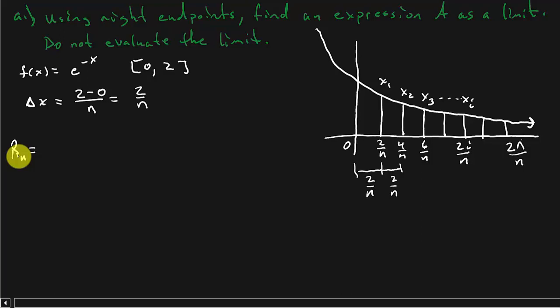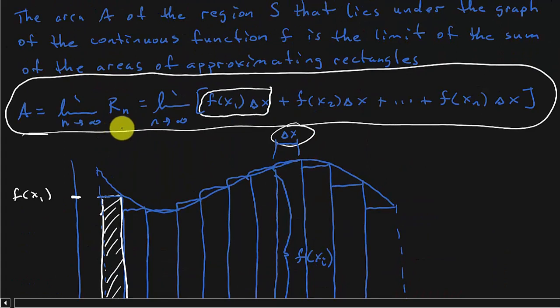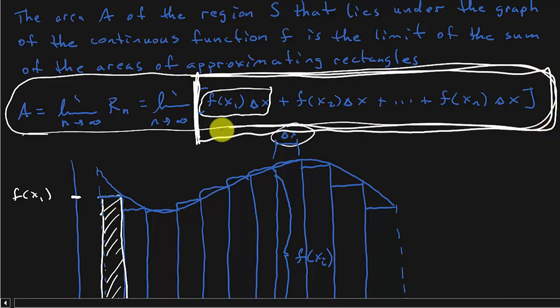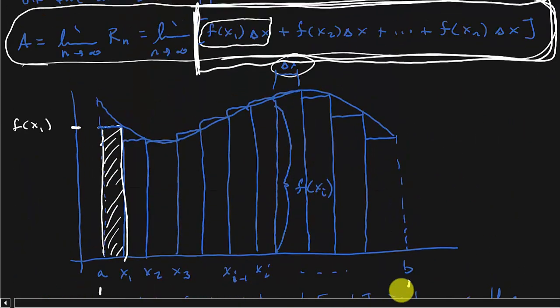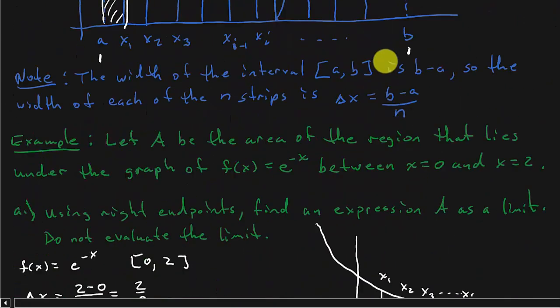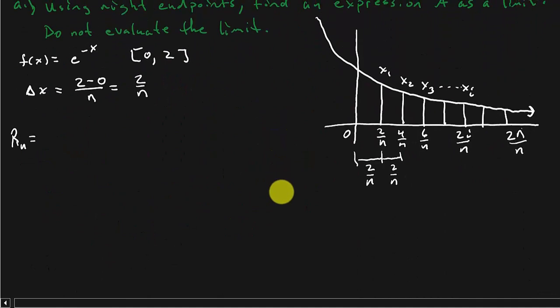Let's get just this part right here first, and then once we get this, we'll take the limit, just so we don't have to keep writing so much. So remember, I'm using right endpoints. You see that?